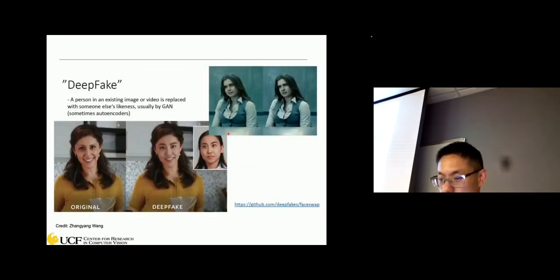Given all these successful cases, we are able to generate a lot of realistic images, and that also brings a lot of issues. This is called deepfake. Deepfake means you generate images or videos that are really indistinguishable, so a general audience may not be able to detect if this is an authentic image or video, or generated by AI.